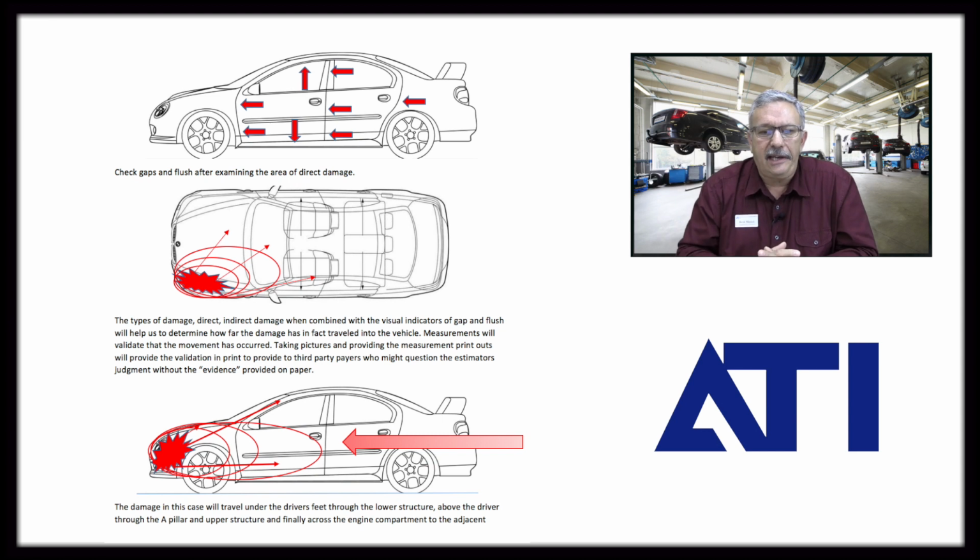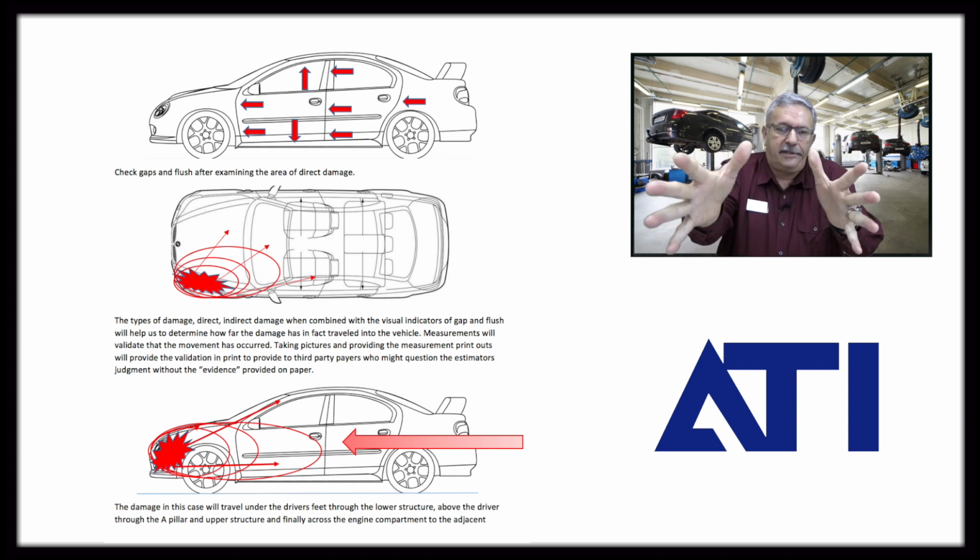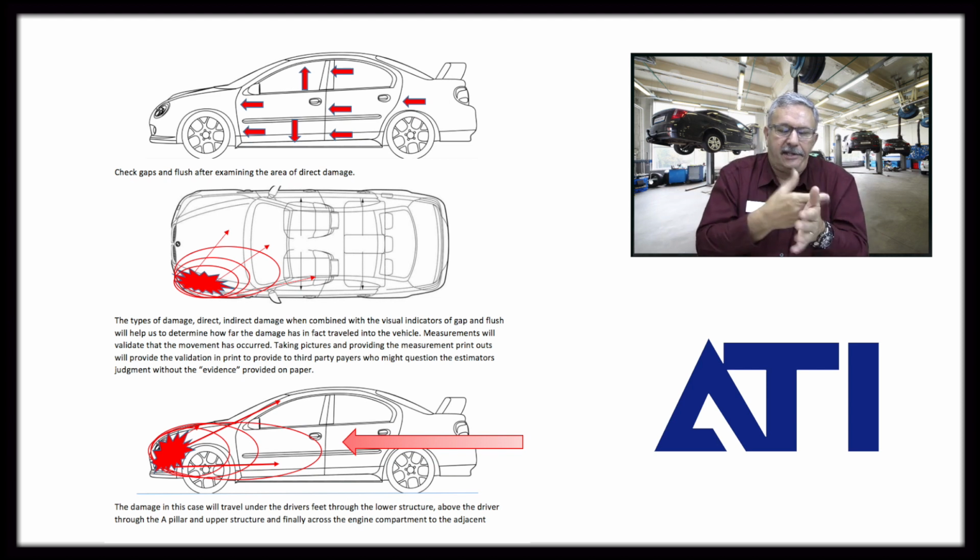So as I look at the second and third images here of this Neon, this is so that you can visualize what we call a crash pulse. The energy that moves out into the vehicle is a pulse that comes from that sudden stop that we would have at the direct impact. So what I'm looking at is where did it transfer to, and these illustrations give you an idea of how that will occur.